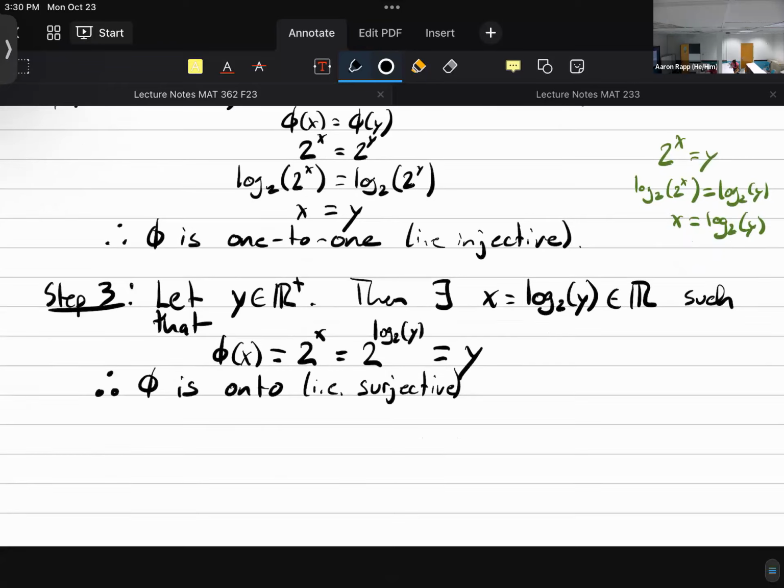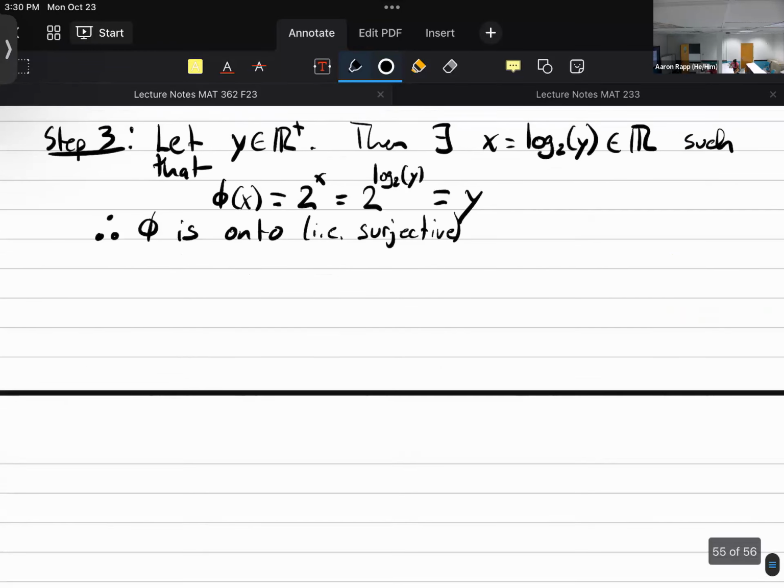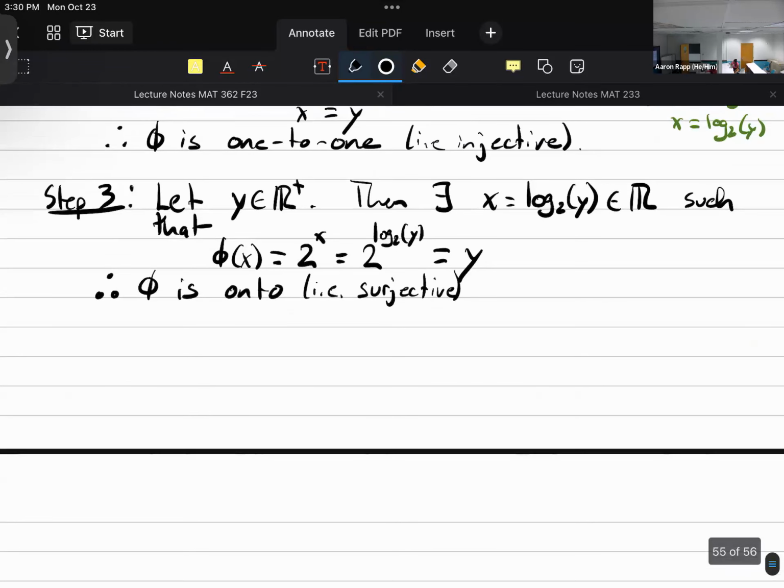So it's a homomorphism. So I'm going to choose 2 things for my domain.